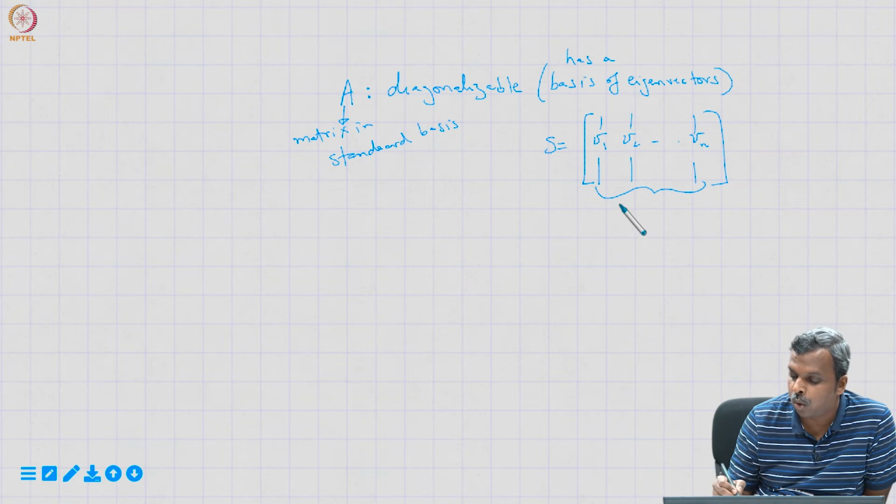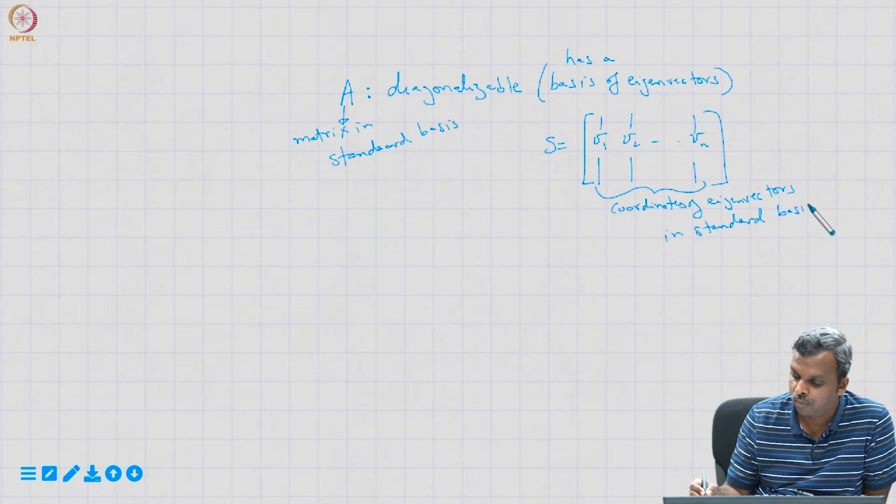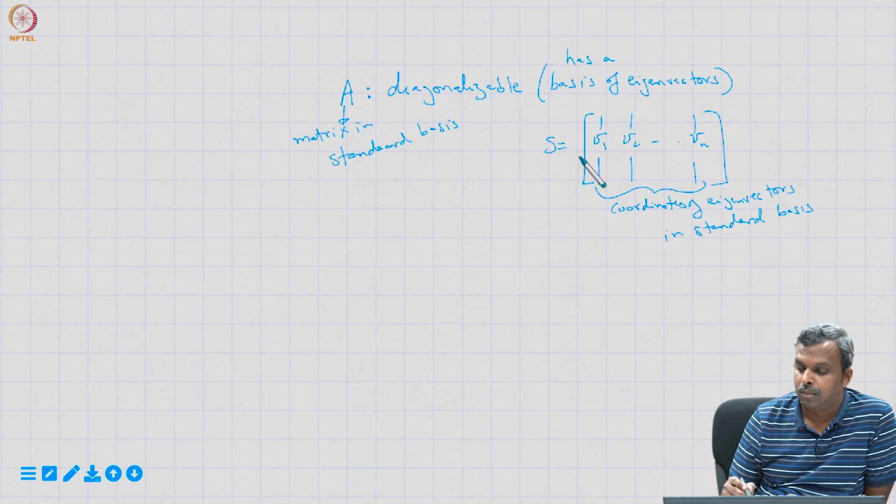What are these? These are coordinates of eigenvectors in the standard basis. Okay, is that all right?